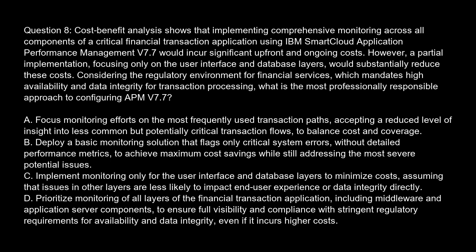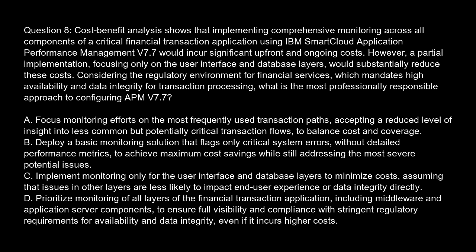Option A. Focus monitoring efforts on the most frequently used transaction paths, accepting a reduced level of insight into less common but potentially critical transaction flows to balance cost and coverage. Option B. Deploy a basic monitoring solution that flags only critical system errors, without detailed performance metrics, to achieve maximum cost savings while still addressing the most severe potential issues.